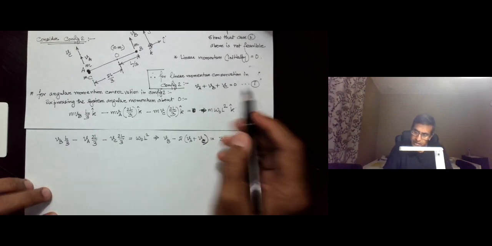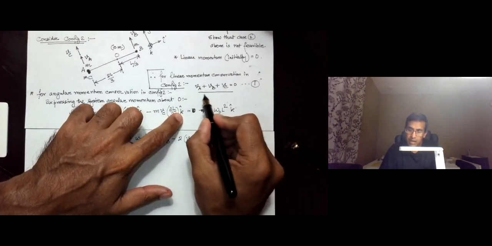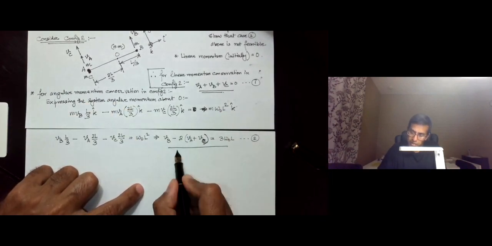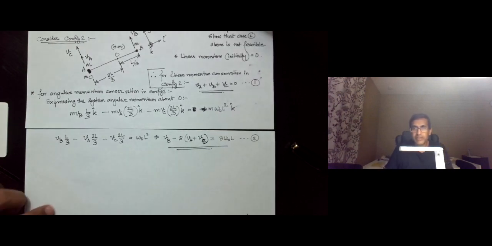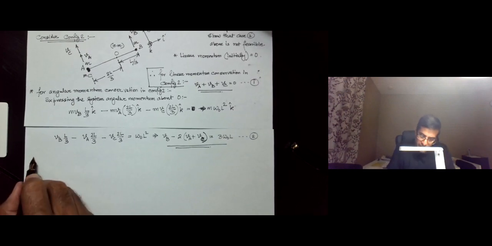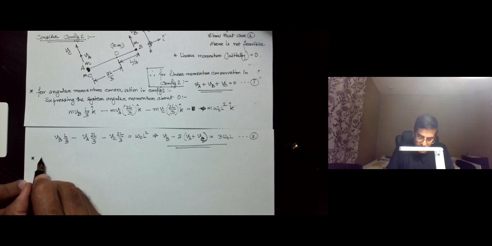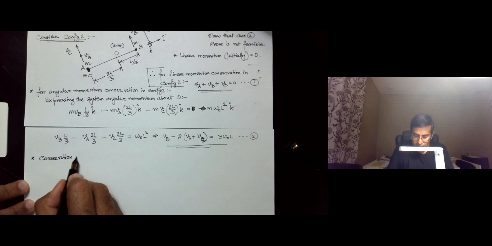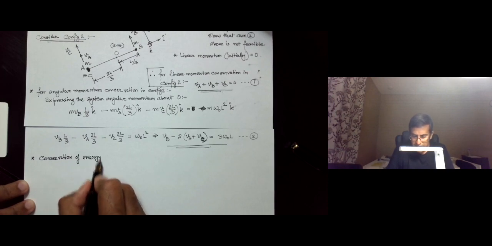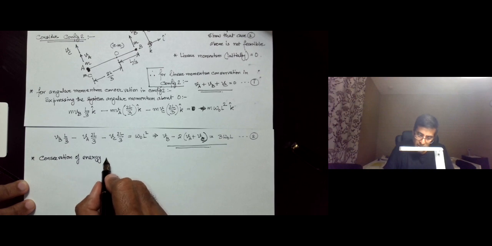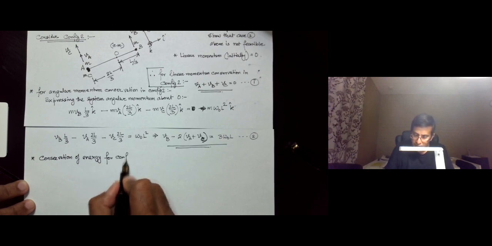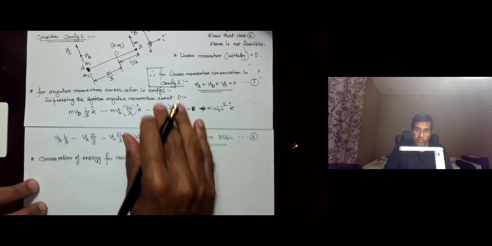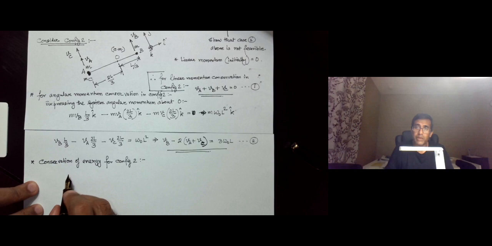So this is going to be our second equation. Okay, so now we have our first equation, which is the conservation of linear momentum, and we have our second equation, which represents the conservation of angular momentum, and finally we write the conservation of energy, or kinetic energy in this case, because there is no potential energy, for config 2. The kinetic energy expression is quite simple.